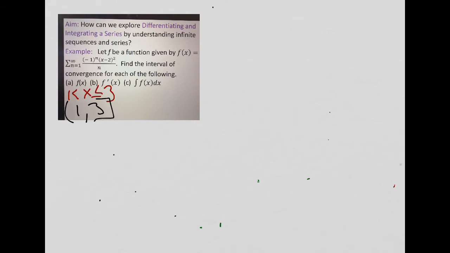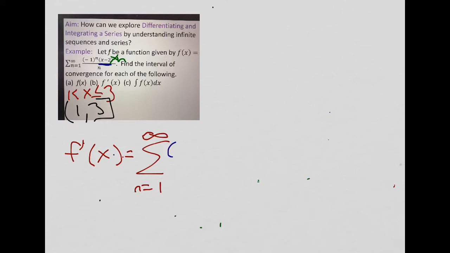Okay, so for part B, f prime of x, that means we're going to take the derivative of our series. There's the prime. We're going to leave the summation the way that it is, with the infinity at the top and the n equals 1 at the bottom. Now, if you remember what I had said, this is an n, and we're just going to affect where the x minus 2 is, where the x is.